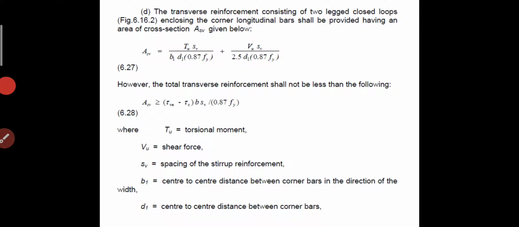Transverse reinforcement consisting of two-legged closed loops enclosing the corner longitudinal bars shall be provided, having an area of cross section ASV as given below.